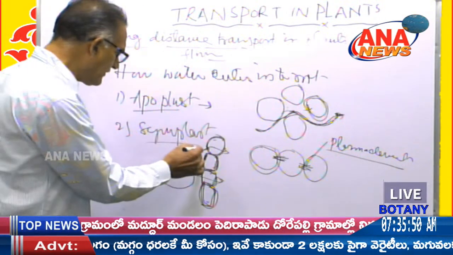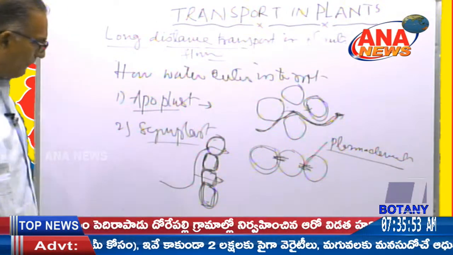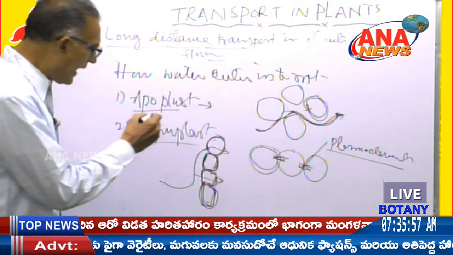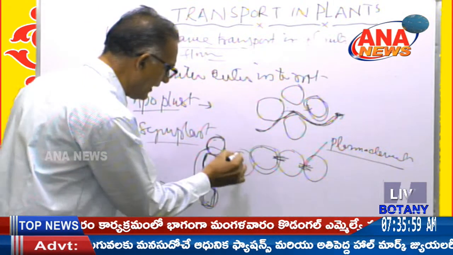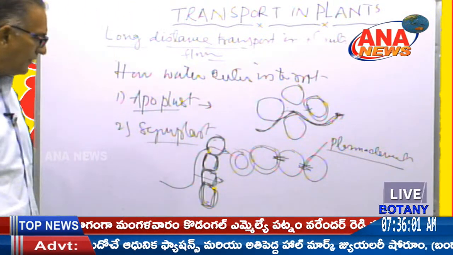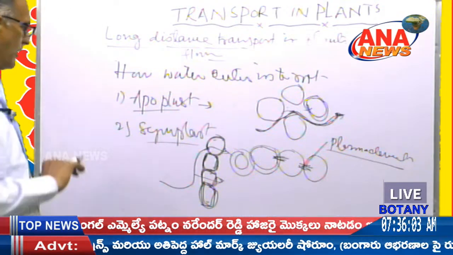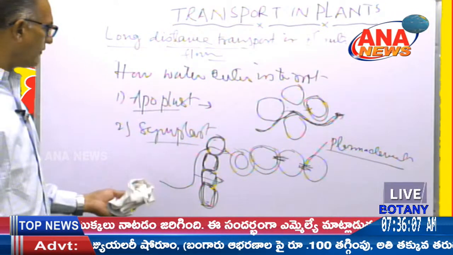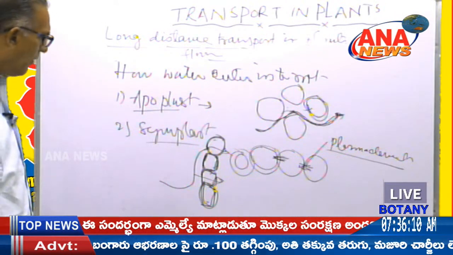It enters into the endodermal passage cells, and then it enters into the xylem. Thus, except at the endodermis, in the total root system, the water is moved by apoplast.